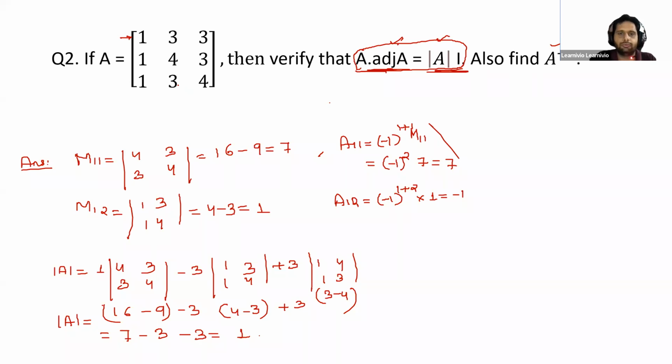Why, Abdul? What's the issue? Did you find the cofactors? You need to find the cofactors in the same way. Please find A11 as I've done this. Find A12, A13, and so on. First of all, please find the adjoint of it.